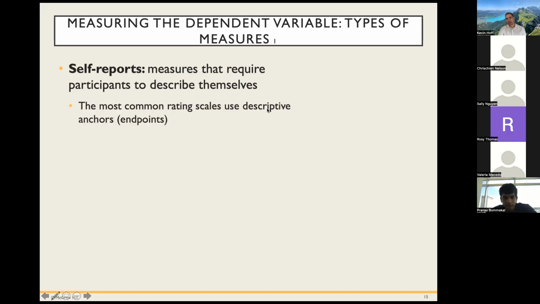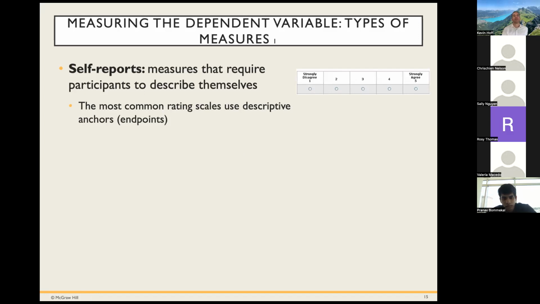Self-reports are the most common and most widely used. We've talked about this with survey research, which is almost exclusively self-report. You can also set up surveys where it's an other-report, so a close friend or colleague could be reporting about your personality.